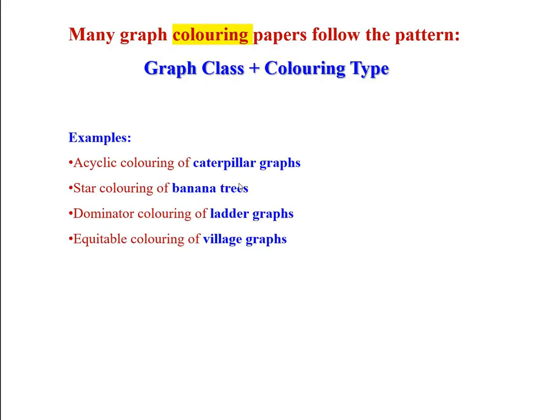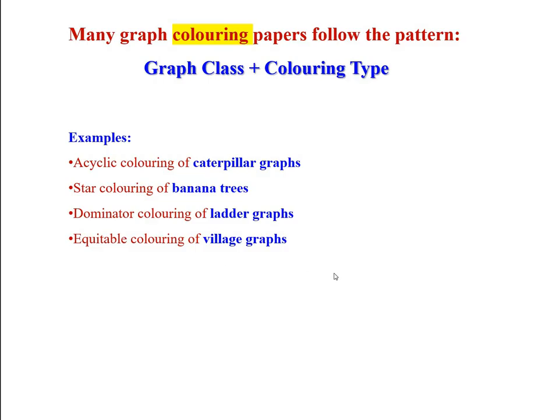Now, many graph coloring papers follow the same pattern. You have a graph class, that is subclasses, and a coloring type. For example, acyclic coloring, star coloring, dominator coloring, equitable coloring. These are some of the coloring types. You associate that coloring type with the graph classes: caterpillar graph, banana trees, ladder graphs, village graphs.